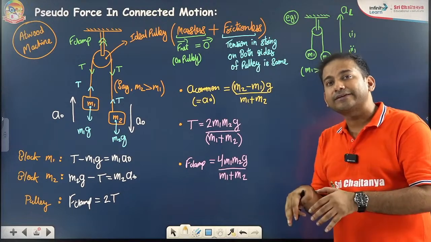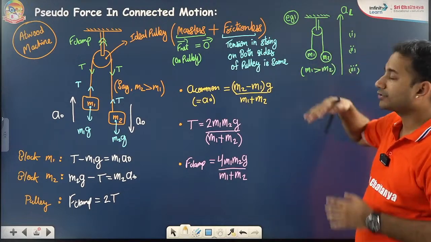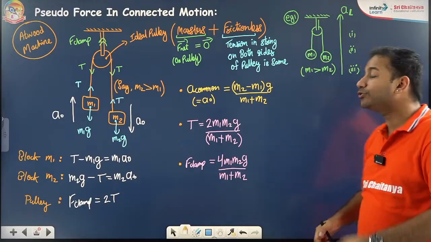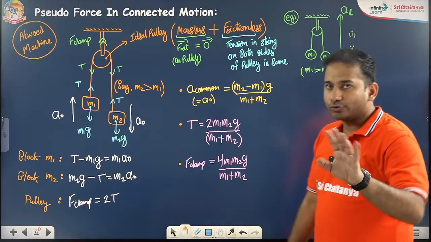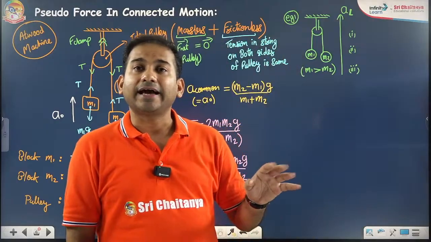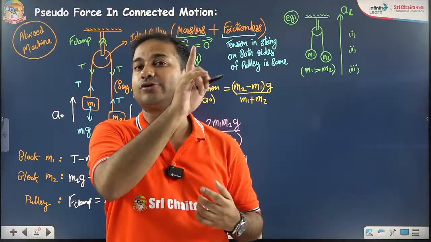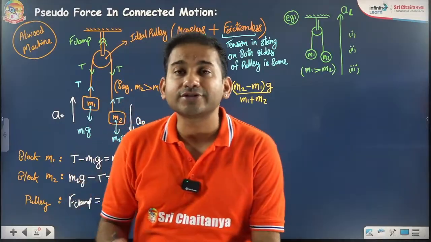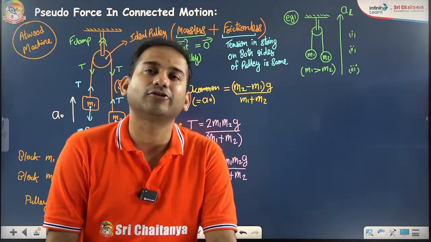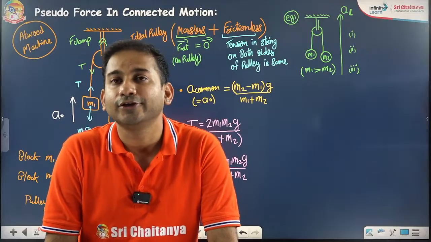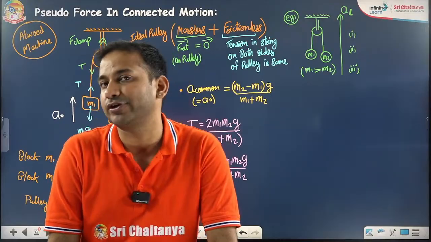If the pseudo force will be acting down, the pseudo force and the gravity are going to be supportive to each other. Don't observe it this way, that acceleration due to gravity is downwards and acceleration of the lift is upwards, so they are opposing. No, you don't have to see whether accelerations are supporting or opposing. You have to see whether the forces are supporting or opposing.